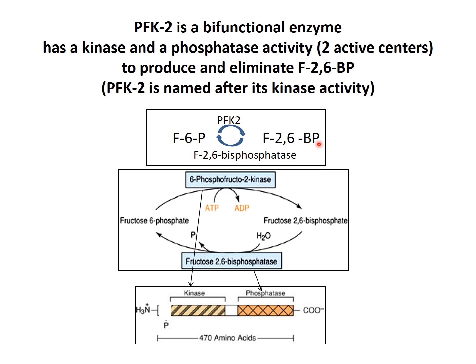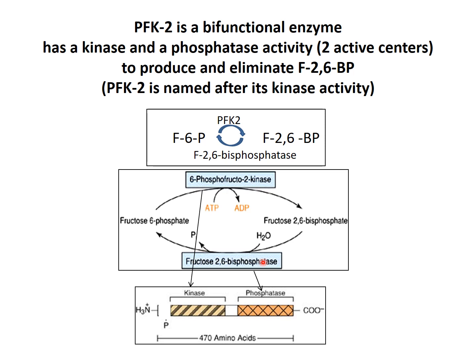This is produced in a multi-activity enzyme, which means that the same enzyme has two activities. One is a kinase and one is a phosphatase. Kinase and phosphatase units are residing on one enzyme, which we call PFK2.